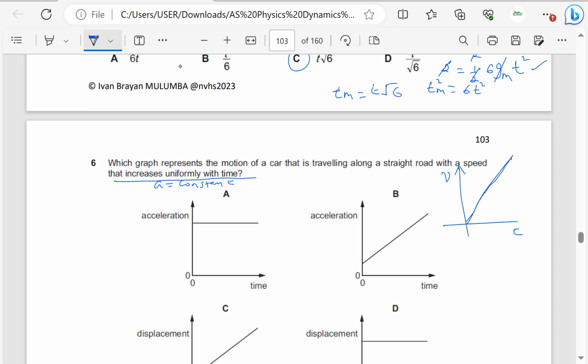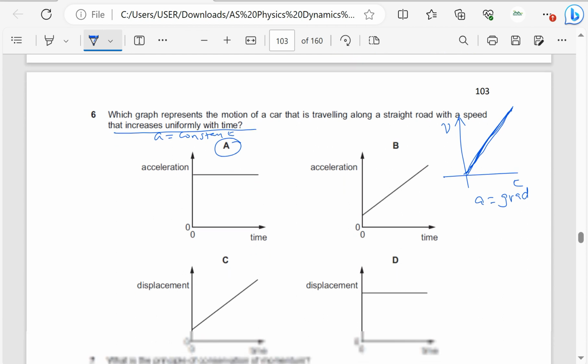A straight line like this one will give us a constant gradient for acceleration, because acceleration is equal to the gradient of a velocity time graph. This will be a constant gradient, which gives us a horizontal line for acceleration. So the answer is going to be A for acceleration.